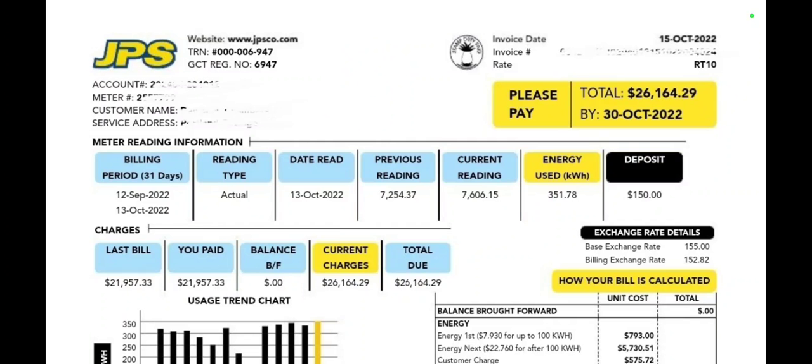Now, deposit. So in the same way you would pay down a deposit when you are renting a house, JPS now has that. This is something new. This wasn't always the case. So the deposit for residential customers is a minimum of $6,000, and for business customers a minimum of $10,000.